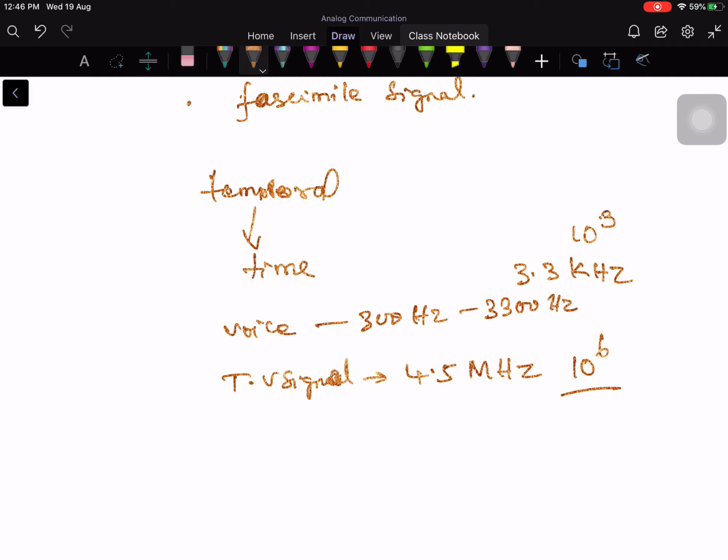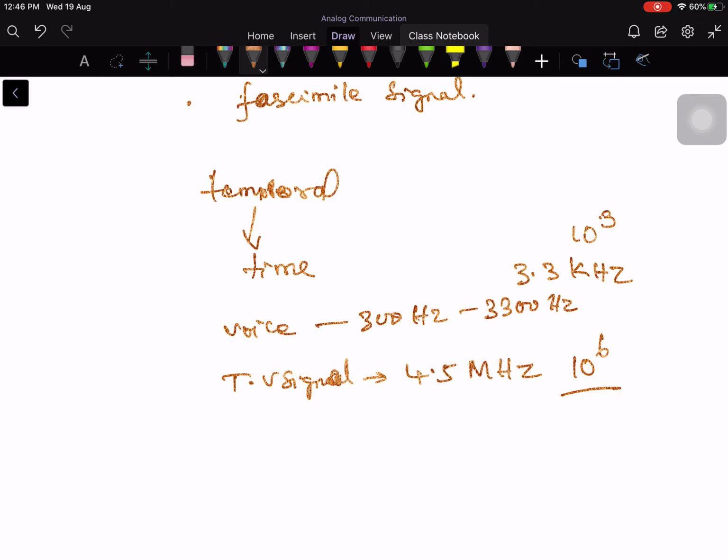So the bandwidth requirement of a picture signal will be much higher than the bandwidth requirement of a voice signal, and therefore the communication system that you have designed for voice signals will be of absolutely no use to us when it comes to transmitting TV signals or moving picture signals, even your channel itself.